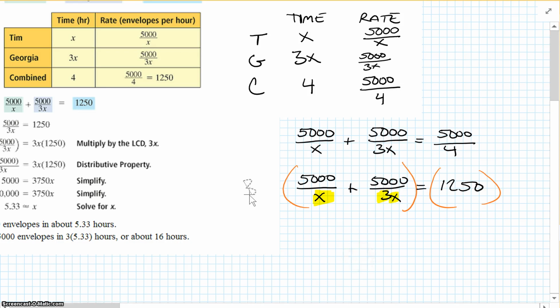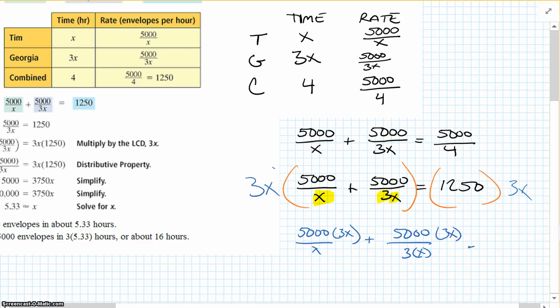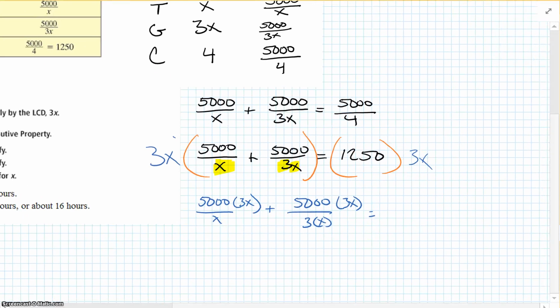So if I multiply every term by 3x, I would get this: 5,000 over x times 3x plus 5,000 over 3x times 3x equals, we'll go ahead and do this one out, 1250 times 3. Okay, that would just be 3750x.